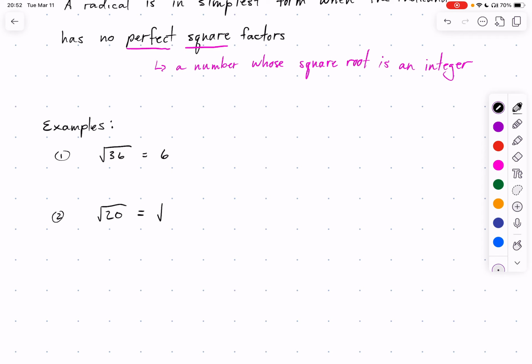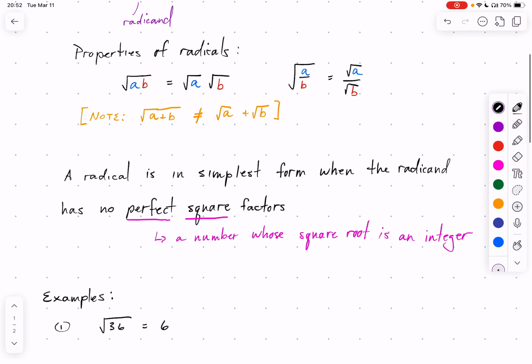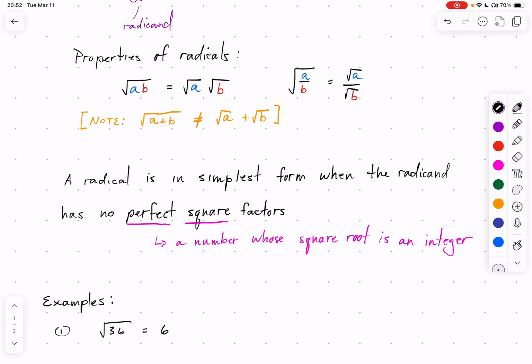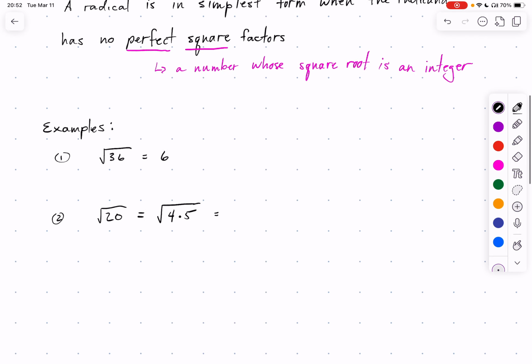So we know that 20 is the square root of 4 times 5, because 4 times 5 is 20. And then using our property from above, the square root of 4 times 5 is just equivalent to the square root of 4 times the square root of 5.